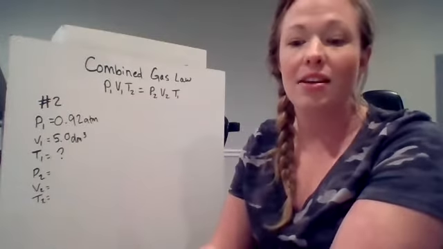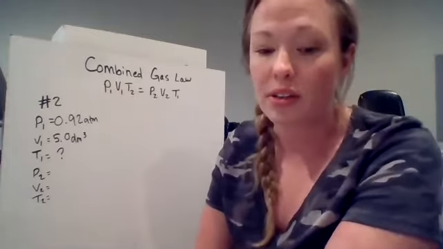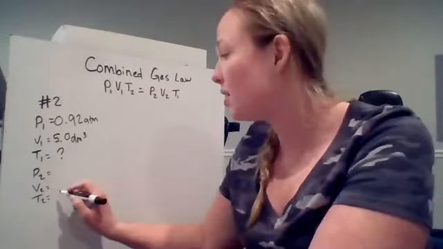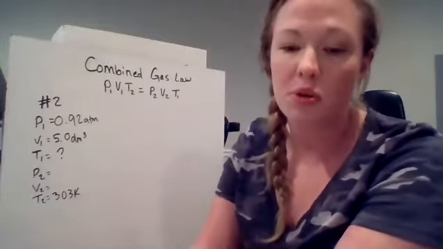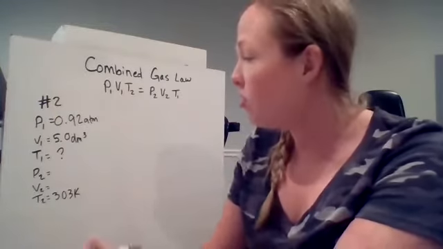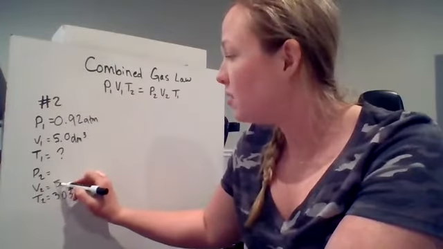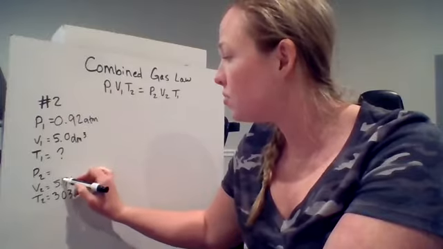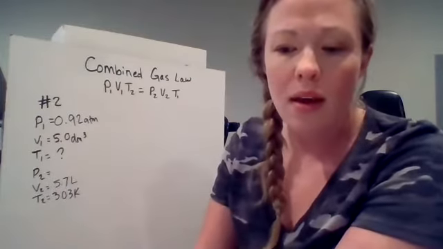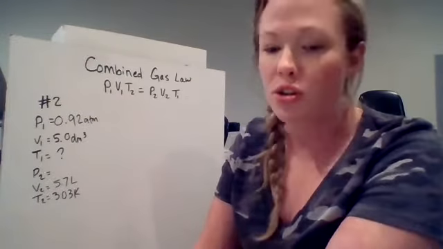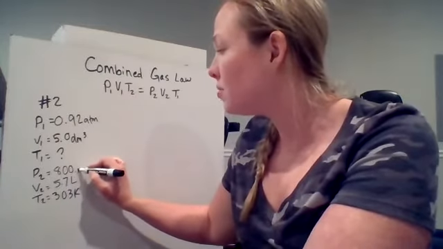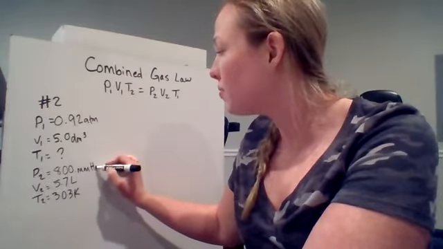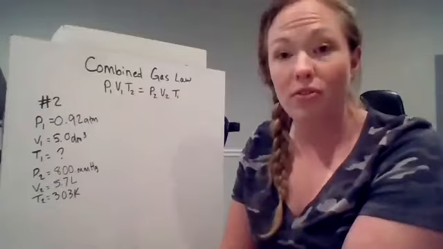And then it has a final temperature of 30 degrees Celsius. Add 273 to that, so you'll get 303 Kelvin for your final temperature. Final volume of 5.7 liters, okay? And let's see, final pressure is 800 millimeters mercury.